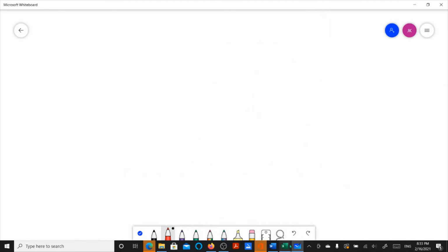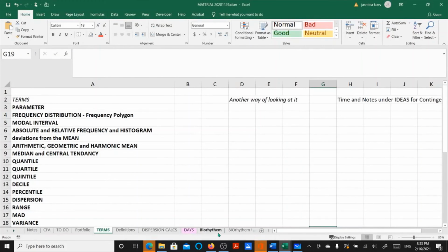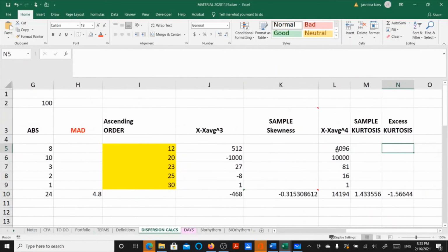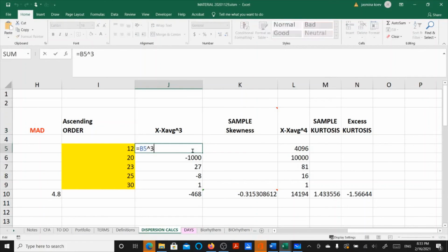Let's clear the canvas. I want to show you how these are calculated really quickly, and that will wrap it up for us until part 3. So here, sample skewness, we do with x to the power of 3. This is very close to calculating variance, except we're doing it to the power of 3.